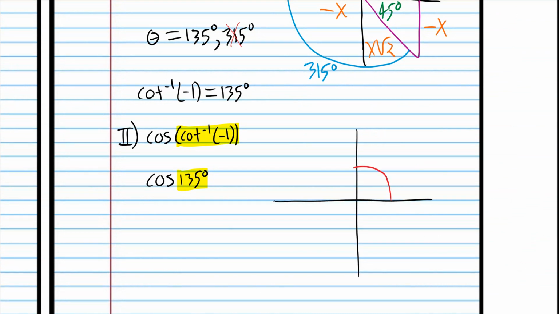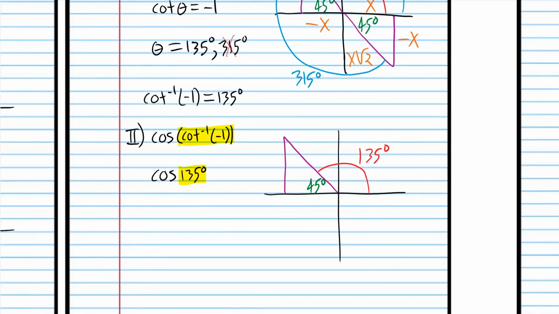So we're going to rotate that angle there. That's a 135 degree angle, so the reference angle is 45. And we're dealing with a 45, 45, 90 degree triangle.